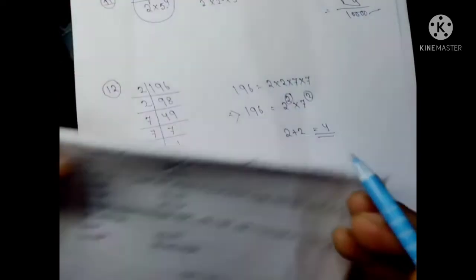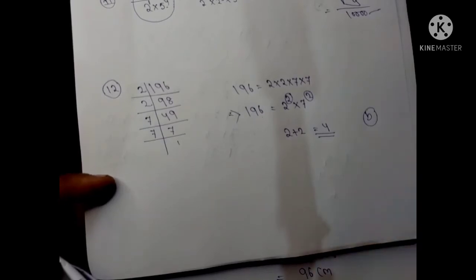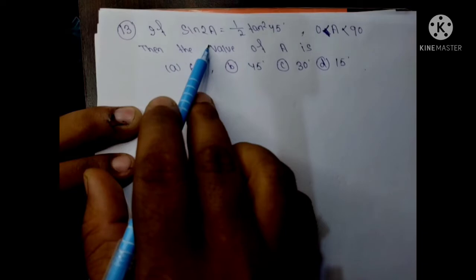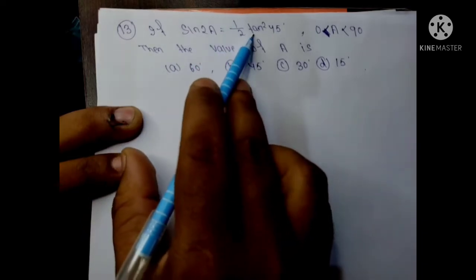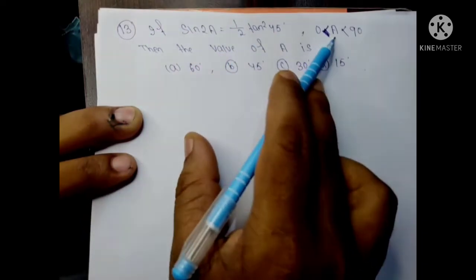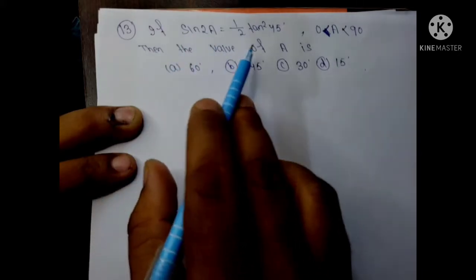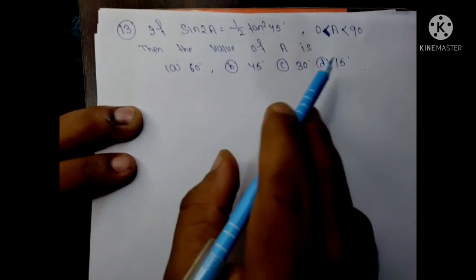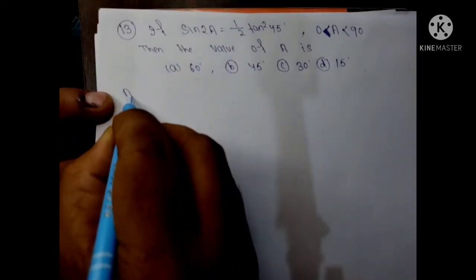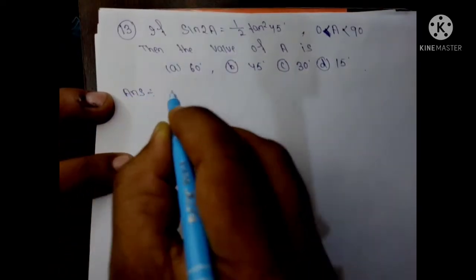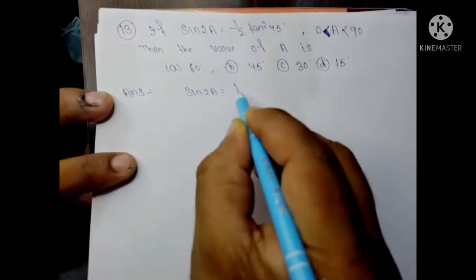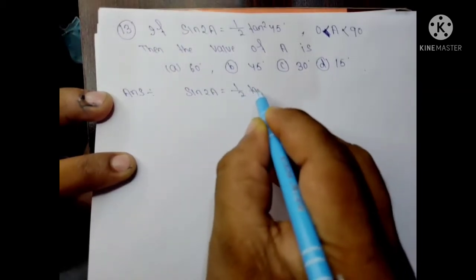Option B. Okay. Here question 13 is, if sin 2A is equal to 1 by 2 tan square 45, where A is an acute angle, then the value of A is 60 degree, 45 degree, 30 degree or 15 degree. Let's see. Here it is given that sin 2A is equal to 1 by 2 tan square 45.